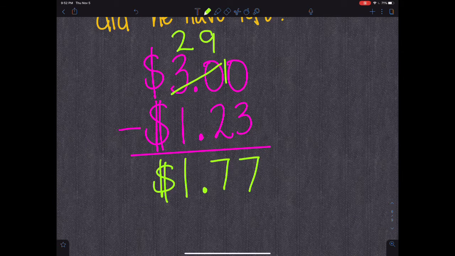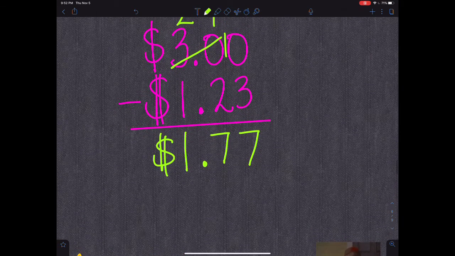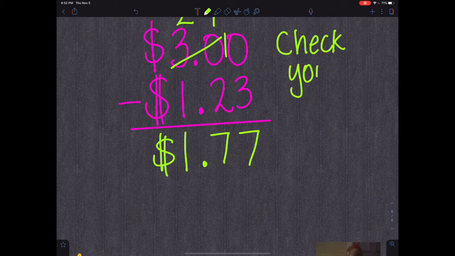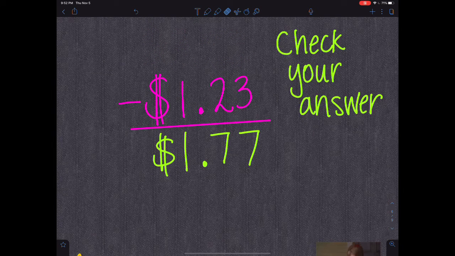$1.77. Now, what they want you to do is they want you to check your answer. The way that you check it is you do the inverse operation. Instead of subtracting, we are going to add these numbers together.